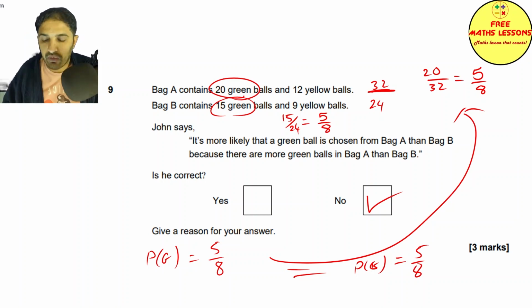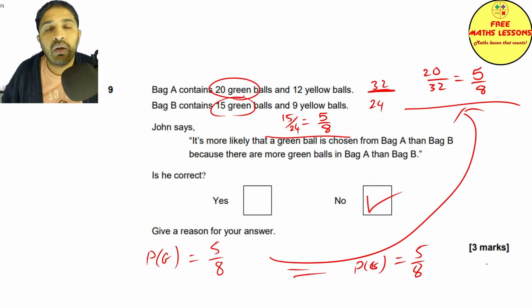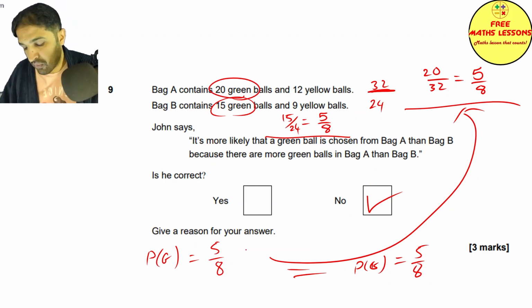That's why we're saying no. So we needed to see this working out anyway. That's 3 marks. If you just tick yes or no without any reason, then you're not going to get those 3 marks. You'll get 0 marks, even though you might tick no, without any reason. So you need to give a reason if they're asking for a reason.